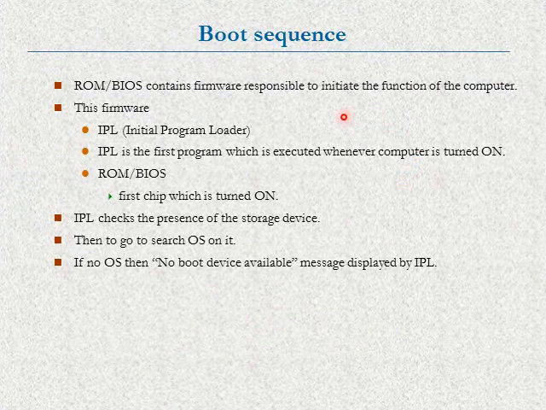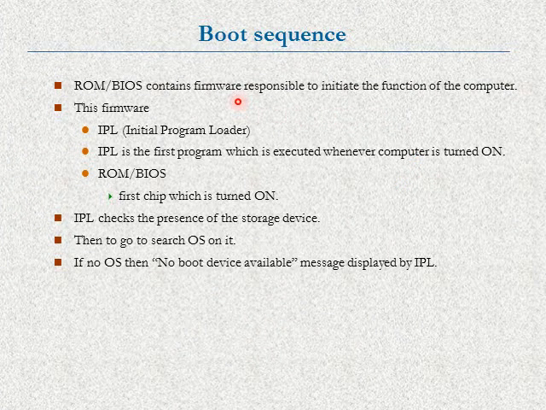So first of all, when the machine is switched on, the ROM BIOS looks for the subroutine, how this operating system can be loaded onto the RAM. So it has the initial program loader.